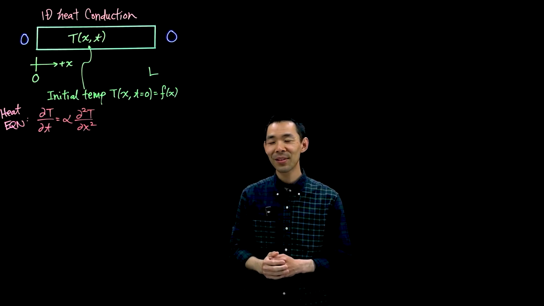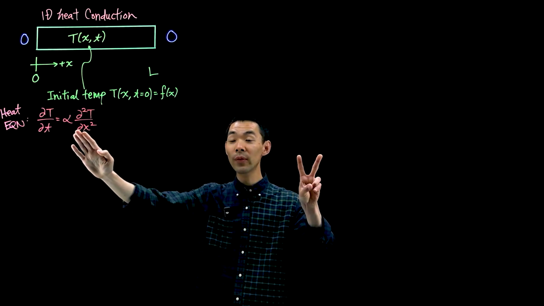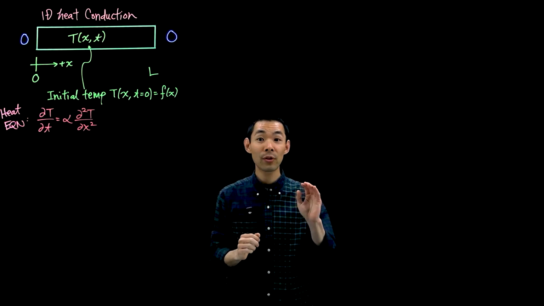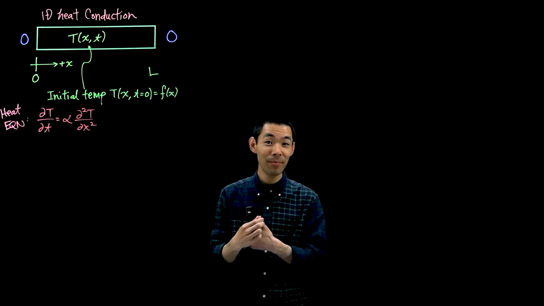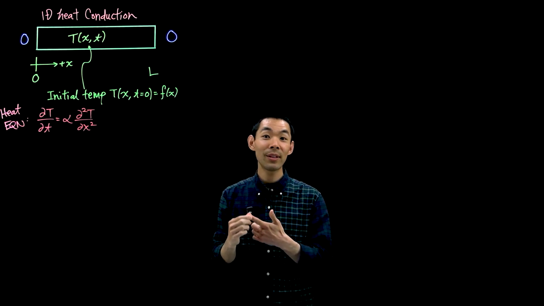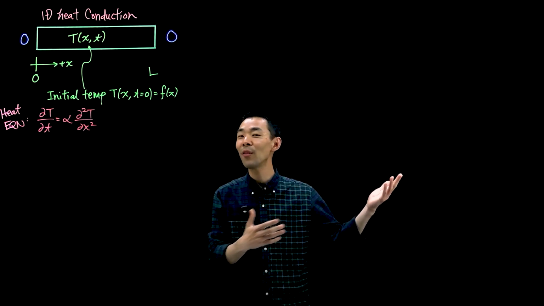All right, so we have one derivative in time and two derivatives in position, which means that if you think about it from a straightforward perspective, you're going to get one constant of integration in time, just because we have one derivative in time. You get two constants of integration in position, right? Think back to your time solving ODEs.